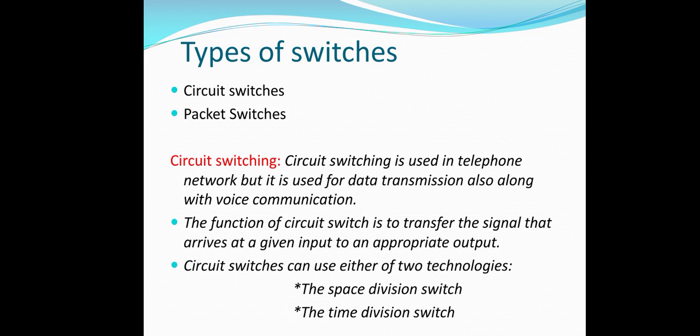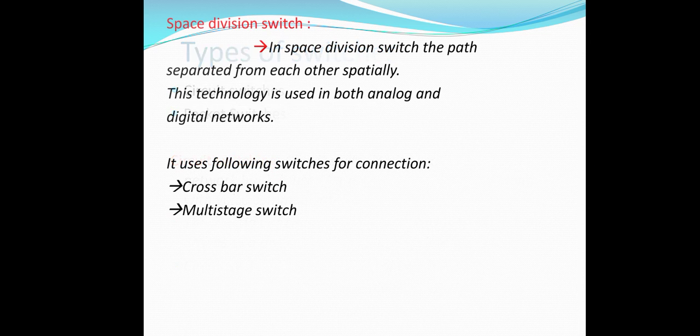Circuit switches can be used in two technologies: one is the space division switch and the other is the time division switch. Space division switch, as the name says, the signals are divided in space.